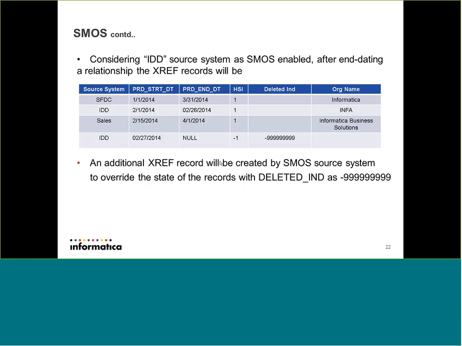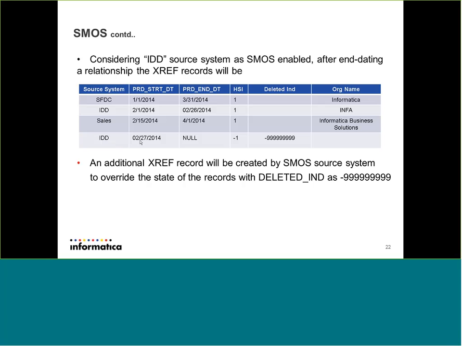So how can you know that an SMOS entry is created? You can see an additional cross-reference record created with the SMOS source system. Here I have taken IDD as the SMOS enabled source system, so there is an additional cross reference pointing to the IDD source system. If you end it today, the activeness is till yesterday, so from today it should be inactive.